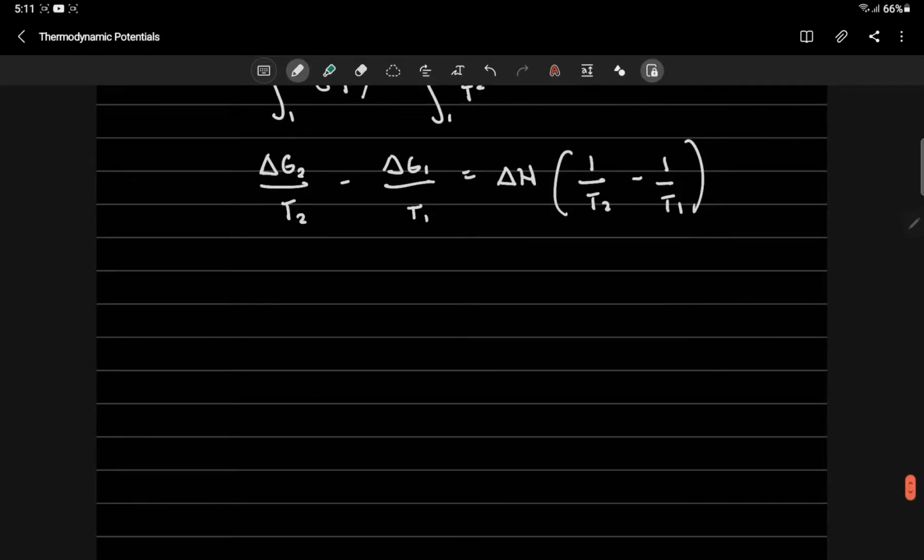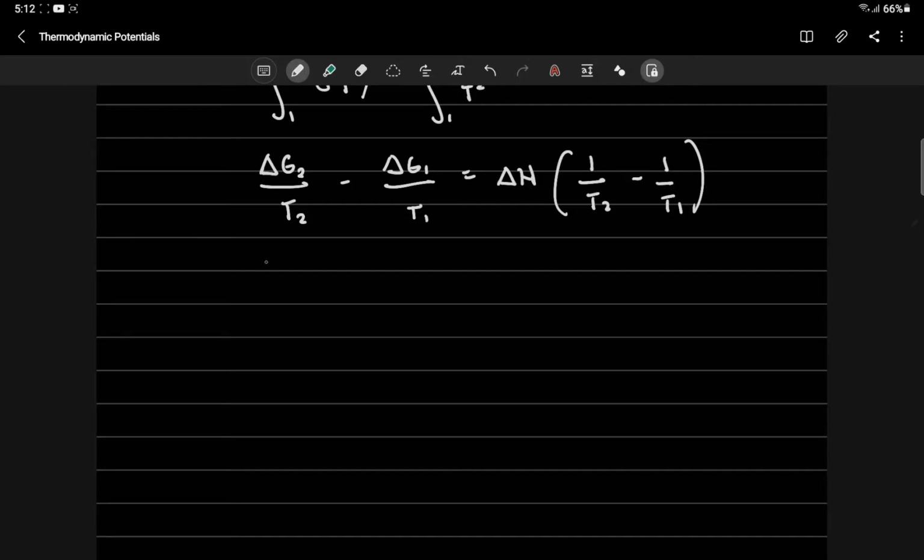Kapag isang reaction ang tinutukoy natin, whether it's a chemical reaction or a reaction that's happening in a cell, we can modify this equation a little bit, wherein yung delta G1, gagawin natin siyang reference Gibbs free energy. And normally, we use a reference temperature of 298 Kelvin.